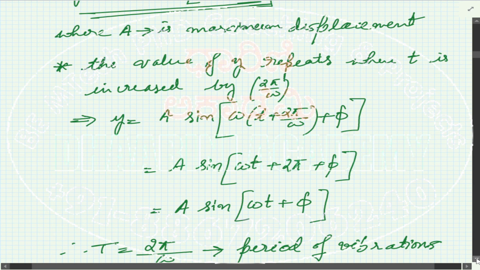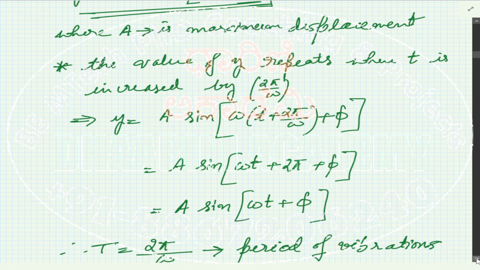Now in order to find the period of oscillation, we will assume that the value of this function is again calculated at t equal to t plus 2 pi by omega. So we repeat the measurement of the same function at a different value. Since t is replaced by t plus 2 pi by omega, y becomes A sine of omega t plus 2 pi plus phi, which means A sine of omega t plus phi.